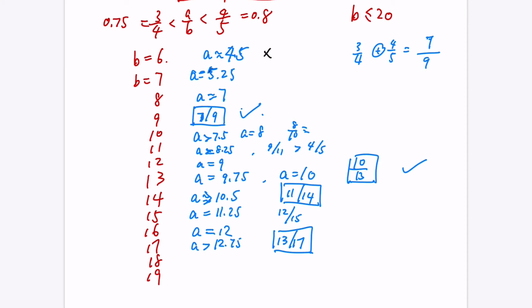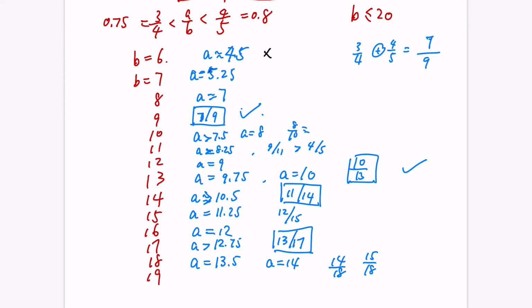For 18, A should be 13.5, so we choose A equals 14. That won't work because 14 over 18 is not in its simplest form. If you go two steps, 15 over 18, of course it's not in its simplest form, and if you go further, it's too much.